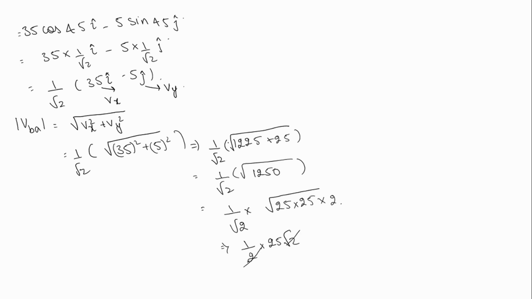So root 2 and root 2 will get cancelled. So the magnitude of the velocity of particle B with respect to A is 25 meter per second. Therefore the option is A.